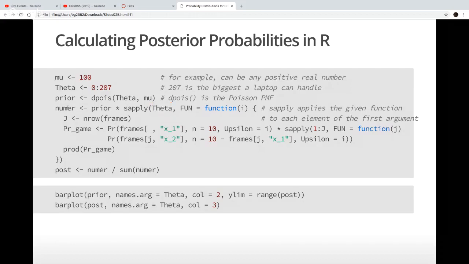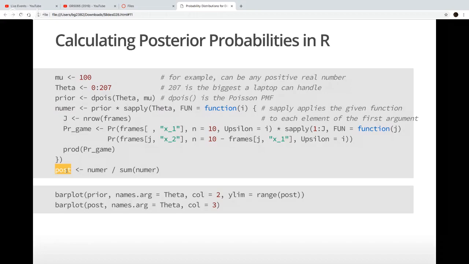And then once we get the numerator of Bayes' rule, all we have to do is divide by the sum of the numerator across all 208 values to normalize this so that our posterior probabilities add up to 1. Remember, always when working with probability, you've got to make sure your probabilities add up to 1. Otherwise, you've done it wrong. But if they do, then you've most likely done it right.